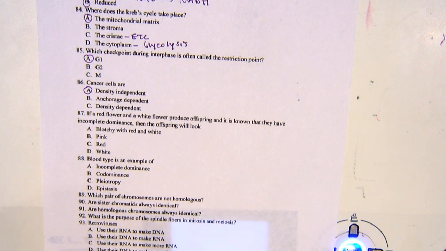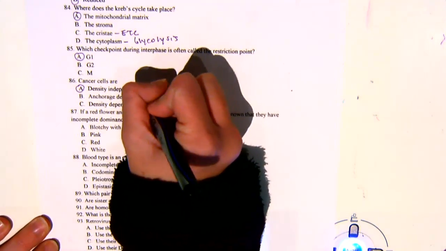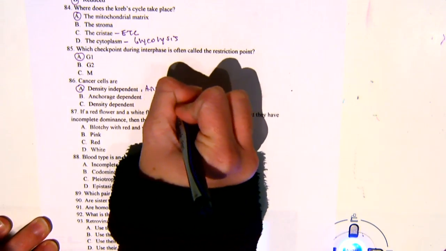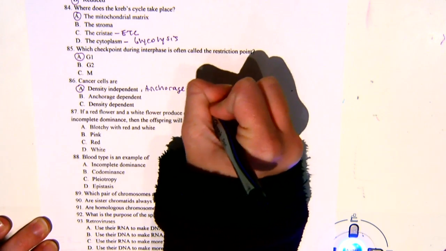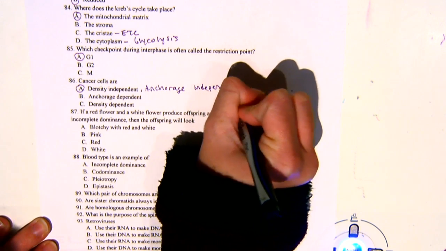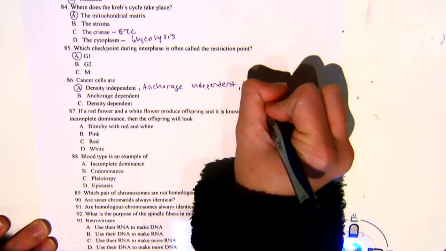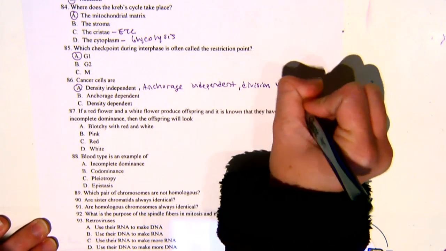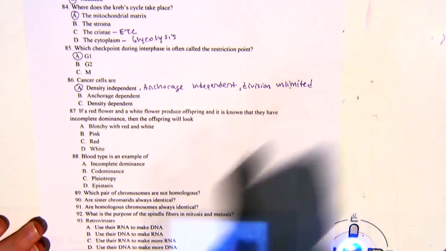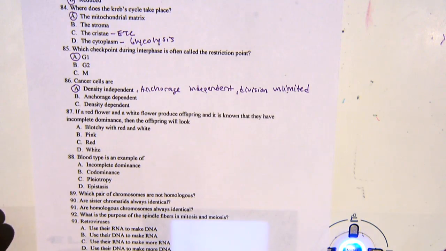So cancer cells break the rules, and they do it their own way. So cancer cells are density independent, anchorage independent, and division unlimited. Cancer cells can divide unlimited, no end.